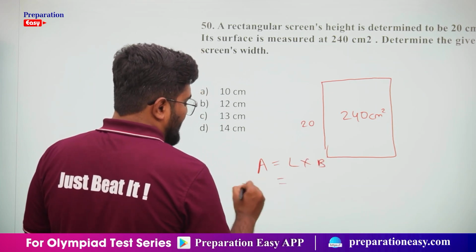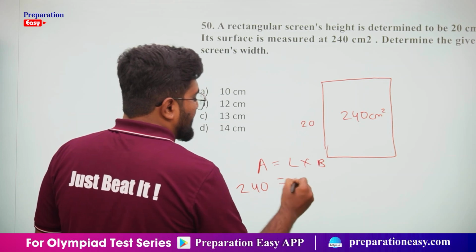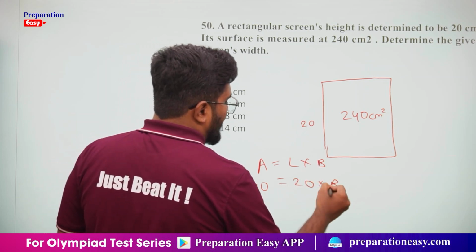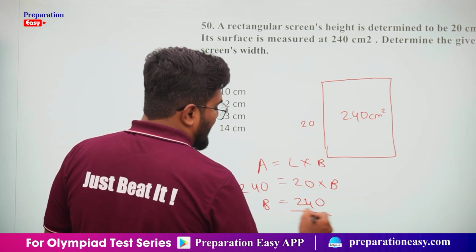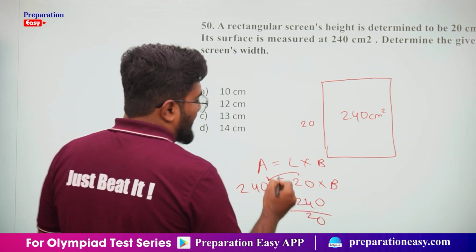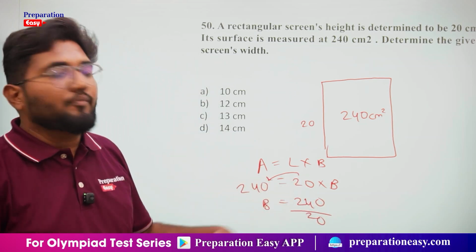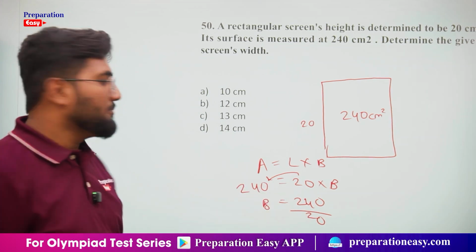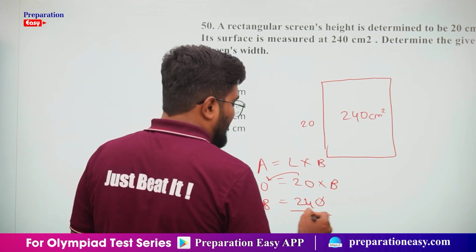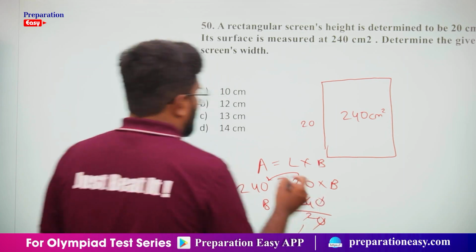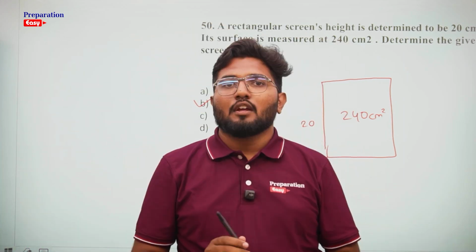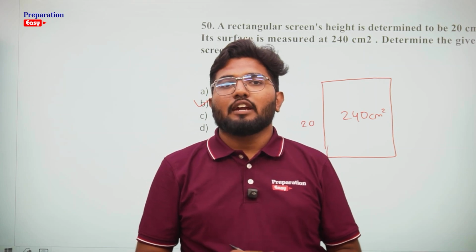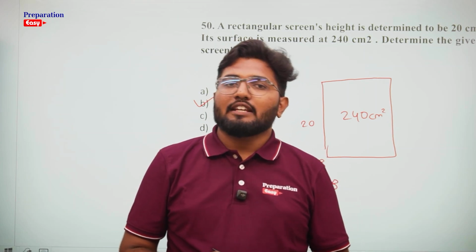Area is 240, length is 20, and breadth we have to calculate. So breadth equals 240 divided by 20. Because 20 is in multiplication on the right side, it will be divided. The zeros cancel, and 2 twelves are 24, so the answer is 12 centimeters.